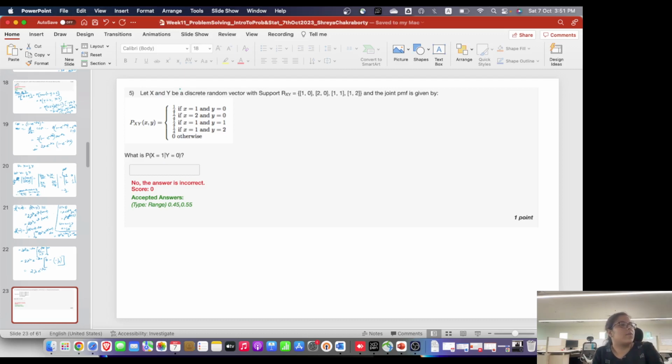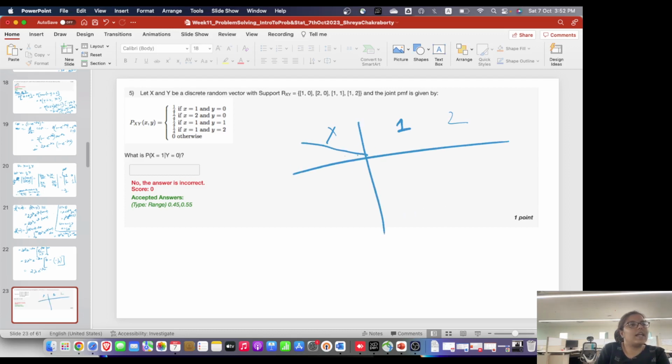So let x and y be a discrete random vector with this support, and the joint PMF is given by this. So x can take values 1 and 2, and y can take values 0, 1 and 2.